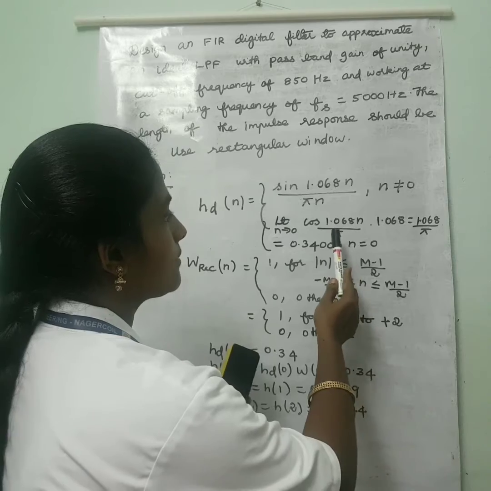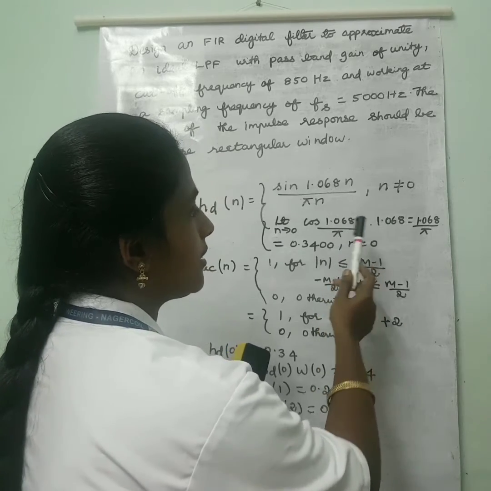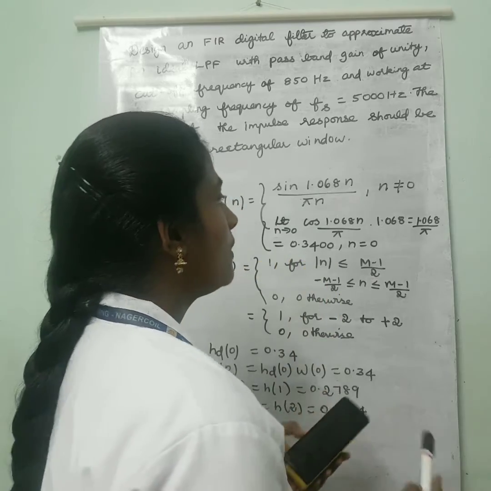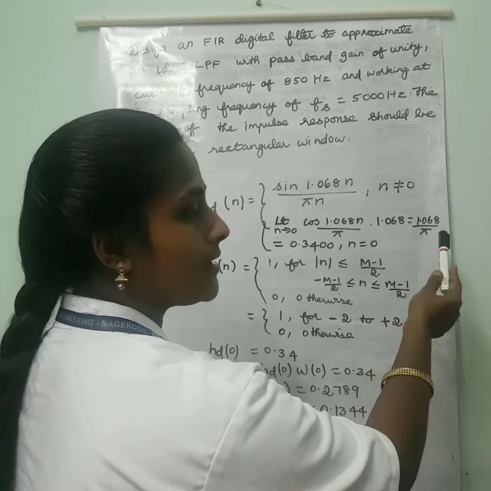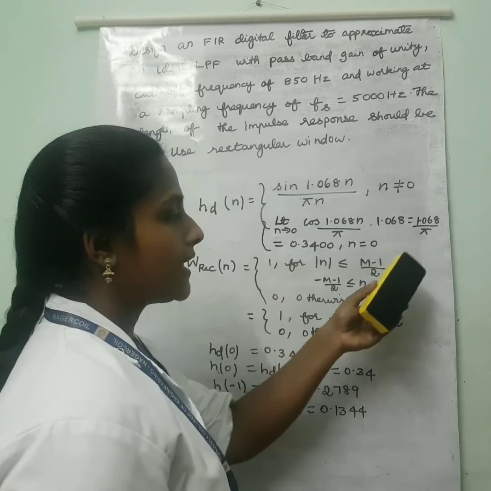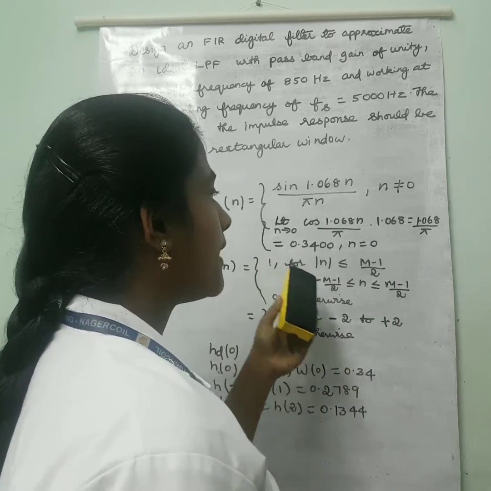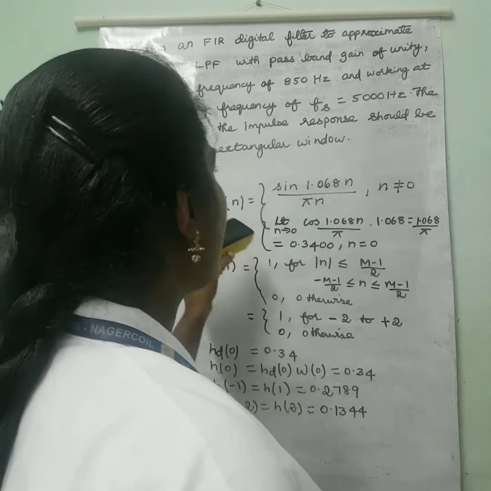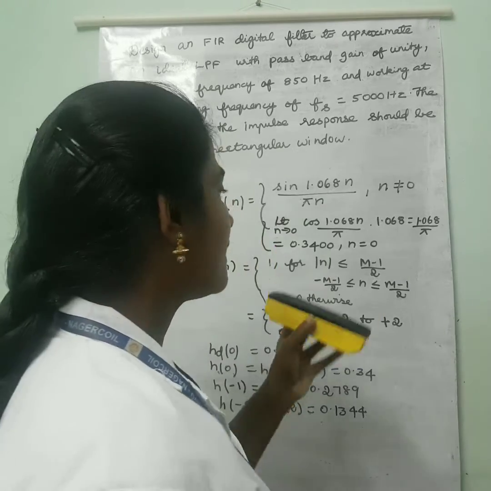You will get cos of 1.068 n divided by pi. Then you substitute the value of n as 0. So you will get 1.068 divided by pi, that is 0.3400.